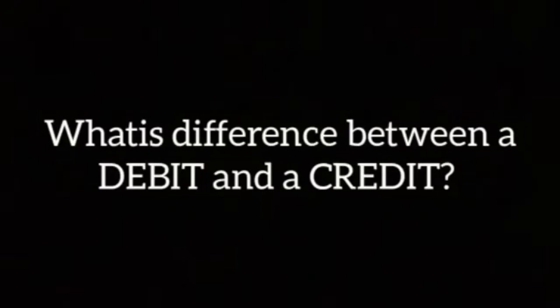What is the difference between a debit and a credit? Debit and credit are bookkeeping entries that balance each other out. Consider that for accounting purposes, every transaction must be exchanged for something else of the exact same value. To simplify, consider that a debit entry always adds a positive number and a credit entry always adds a negative number.